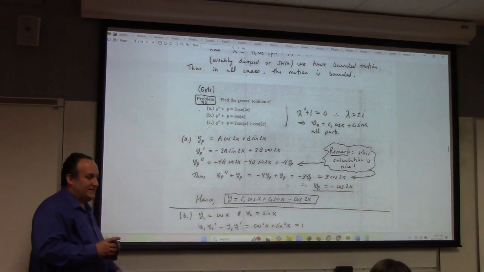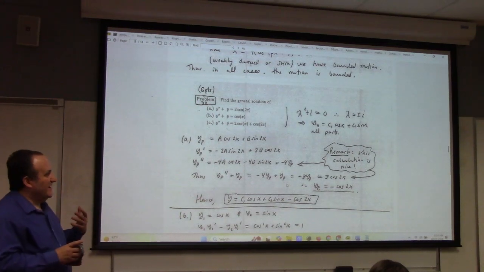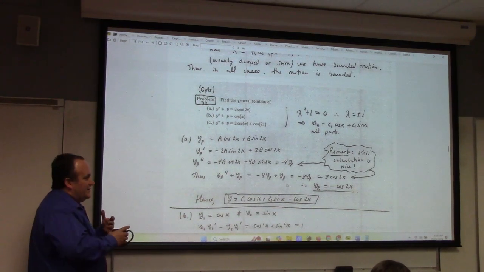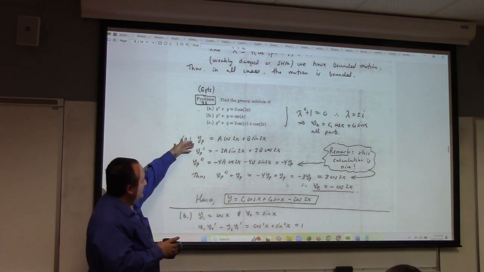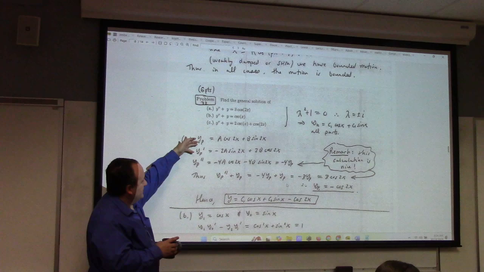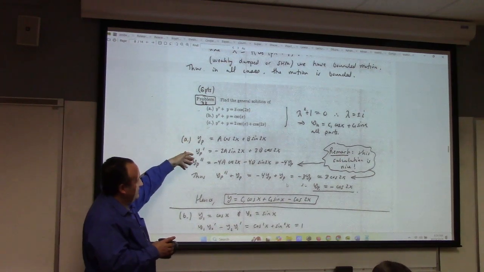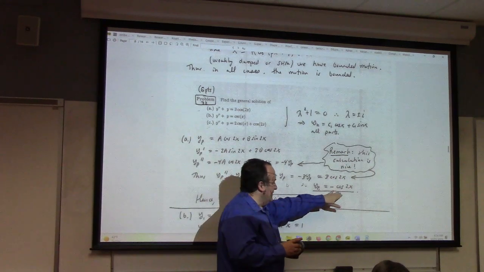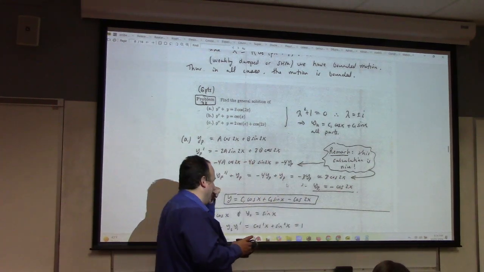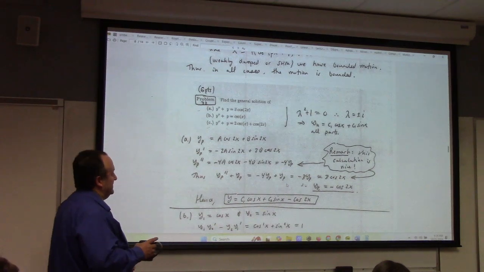That's a very unfortunate mistake. Here, I asked you to find the general solution, so I actually mean for you to do that. And so when I do that, I calculate the derivative of the particular and second derivative, plug it back in, and lo and behold, we get yp is minus cosine 2x. Now I'm calling it yp1 because I think this is a substitution problem.